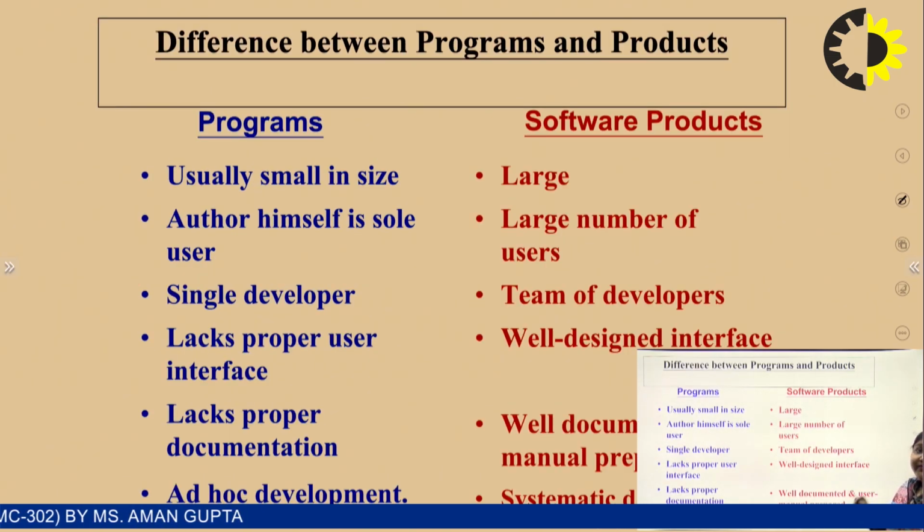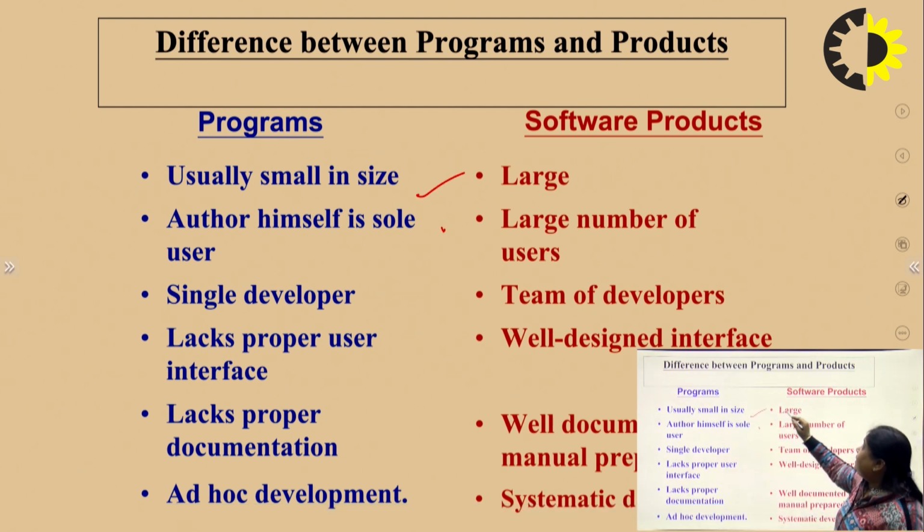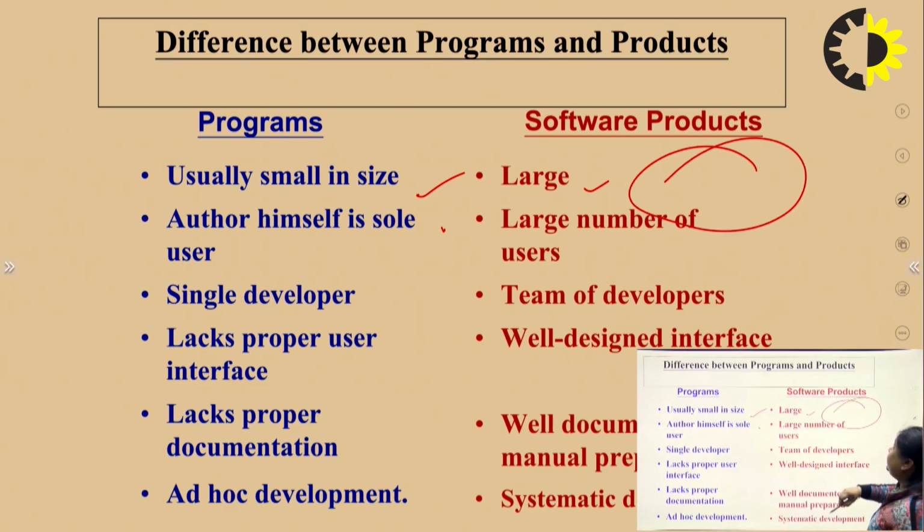Now there is a difference between programs and products. Programs are usually small in size, and software products are large in size. A program is a small part of a software; we can say it is a subset of the software.